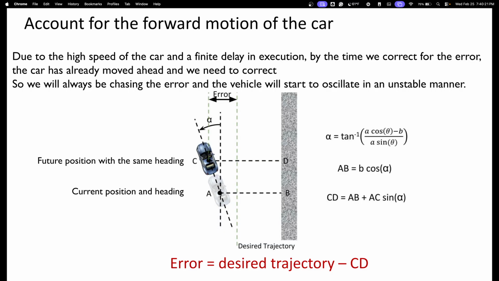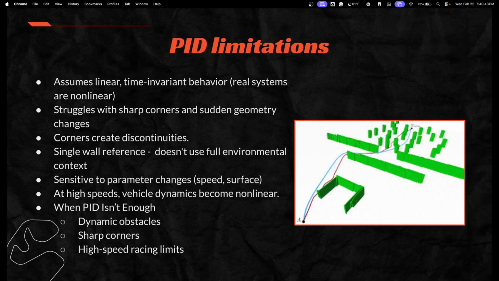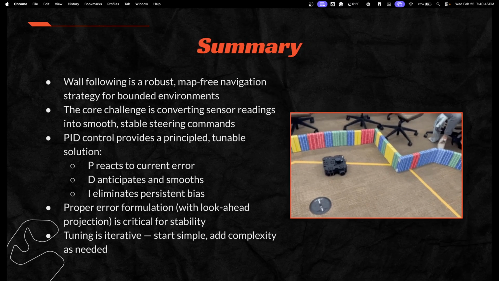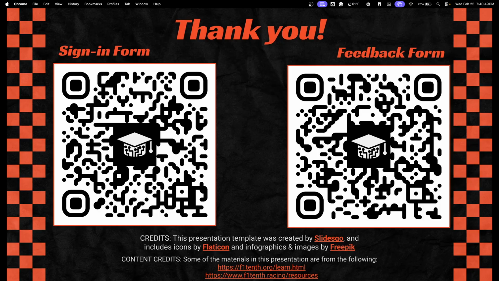So if you are running at high speed, by the time the vehicle is done with the computation, the vehicle is not where it was a few milliseconds ago. So because of that, you need to take into account a future trajectory of the vehicle, a little bit. So that's pretty much everything that you need to know for PID and wall following.